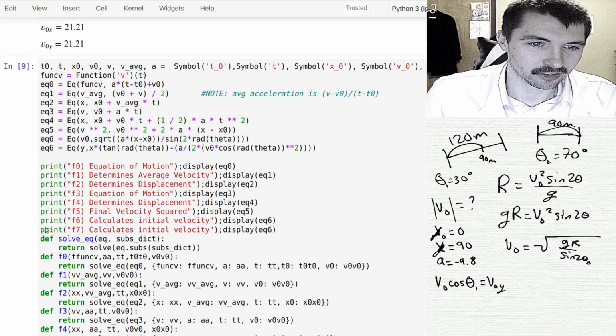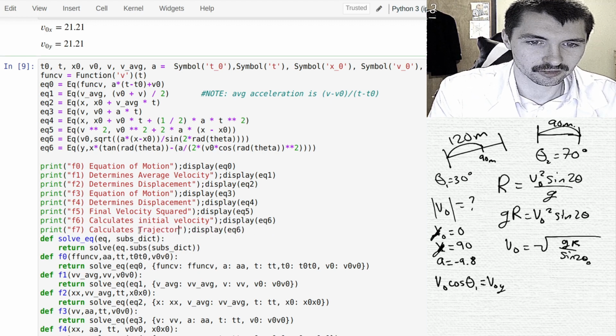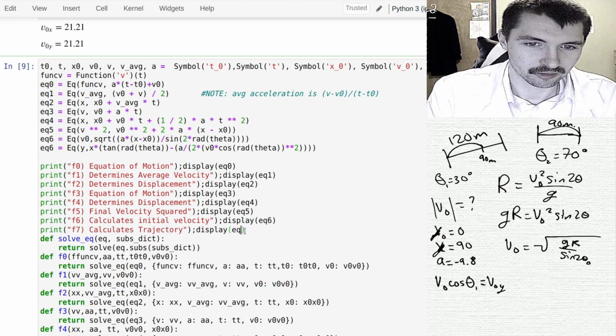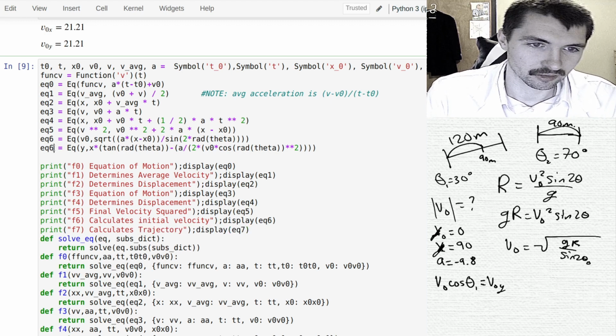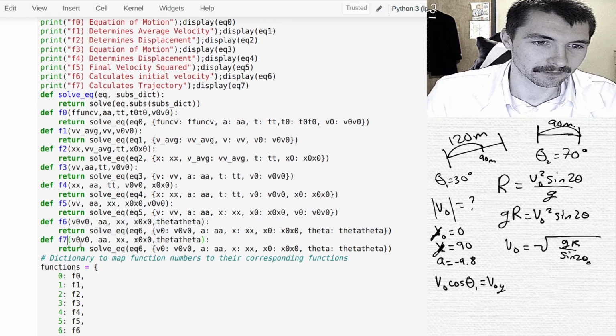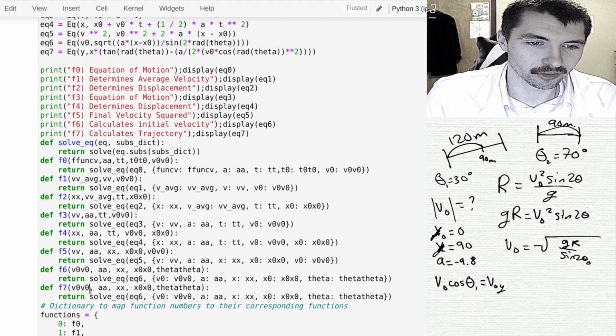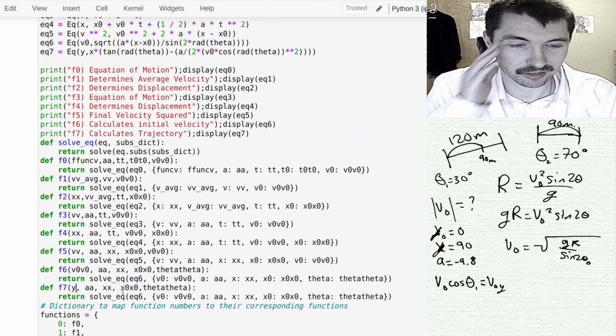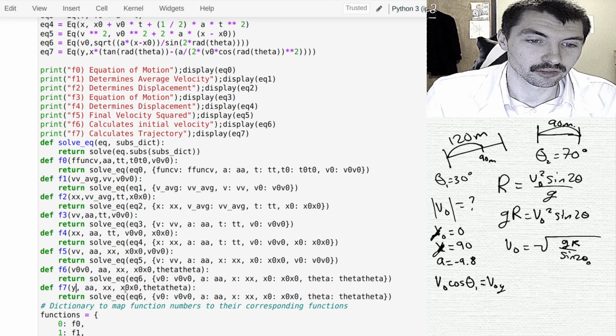Okay, what is this? This is trajectory calculates. So what are our variables here? We have y. I call this yy.